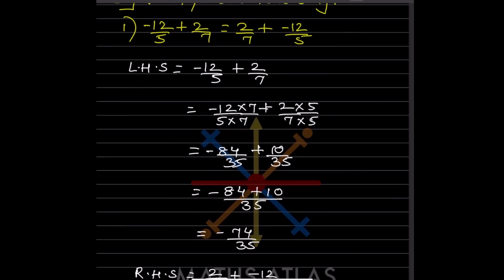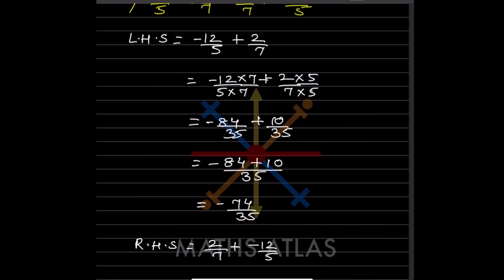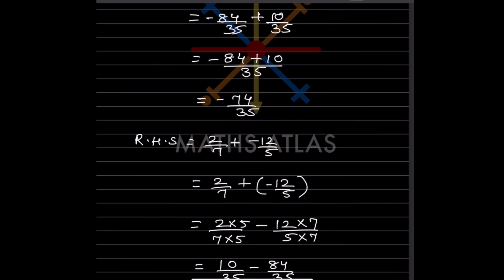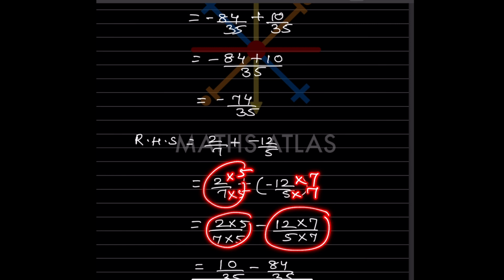And the RHS is, this we have to write it over here. So here what we can do, 2 by 7. Here because there are two signs, so I have put this in a bracket. So now plus minus is minus. Look at the denominators. The LCM is going to be 35. So this is same thing what I wrote here.